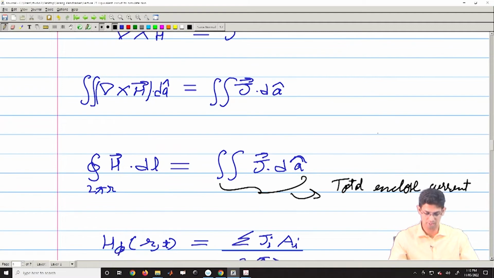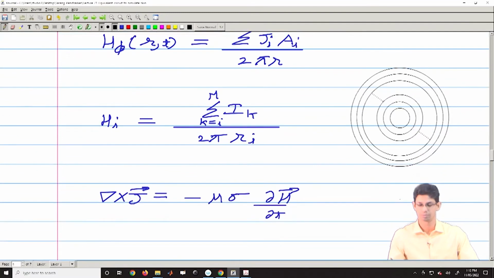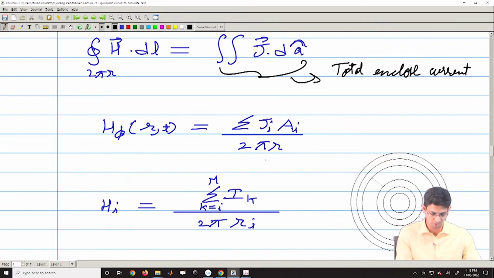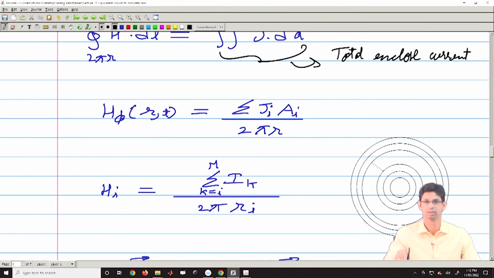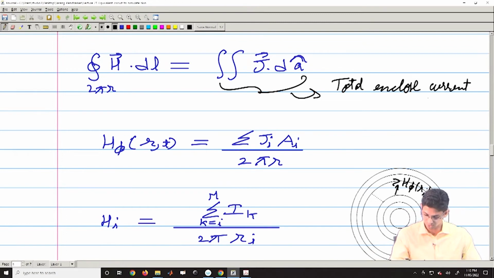So, I think I have a figure drawn here. I have rings like this, and the current is flowing in the z direction. So, I will have H phi only in this case. So, my H phi at some ri would consist of all the currents that are inside, right. So, this will be the total enclosed current.